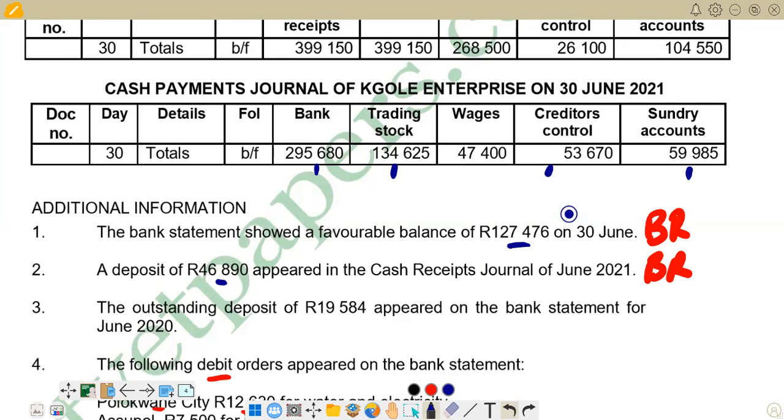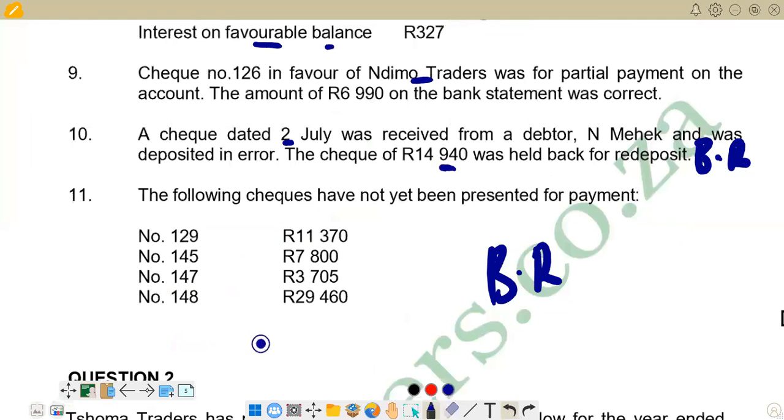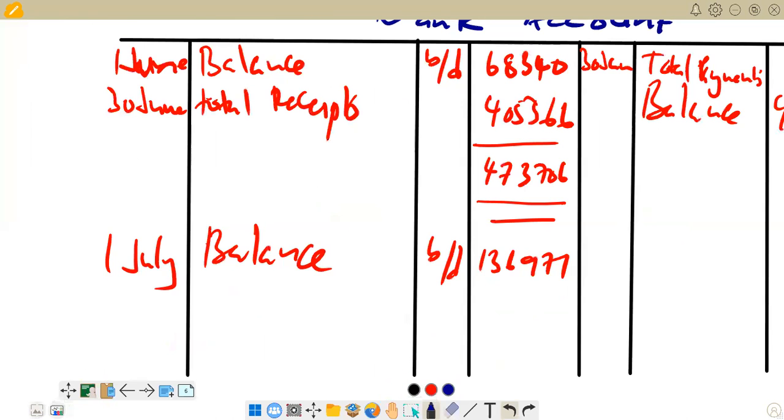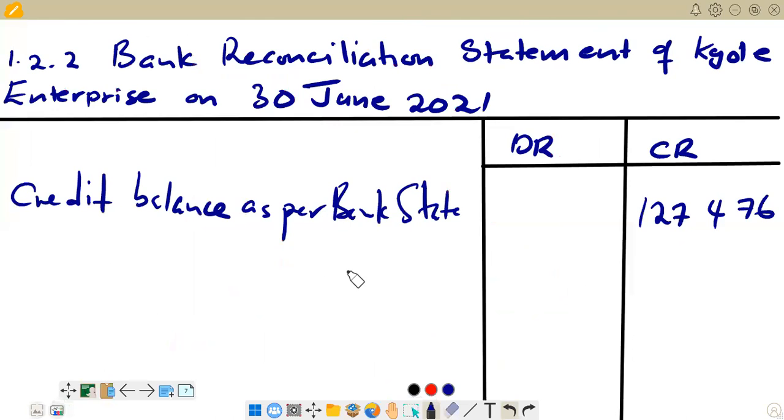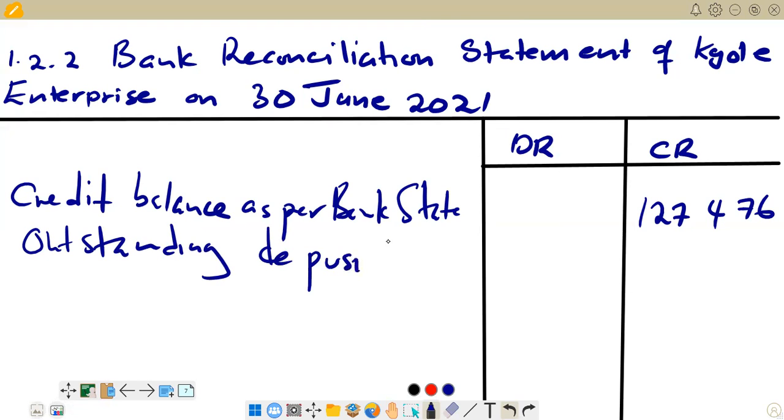So we go there again and enter our outstanding deposit. Right. So this is what we have here. Now we are saying outstanding deposit, and we've got 46,890.